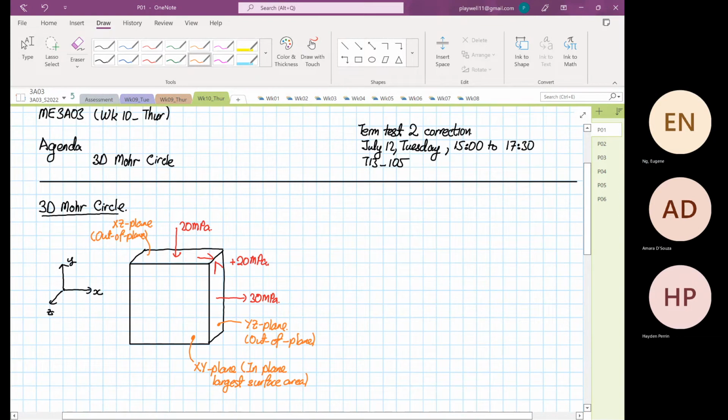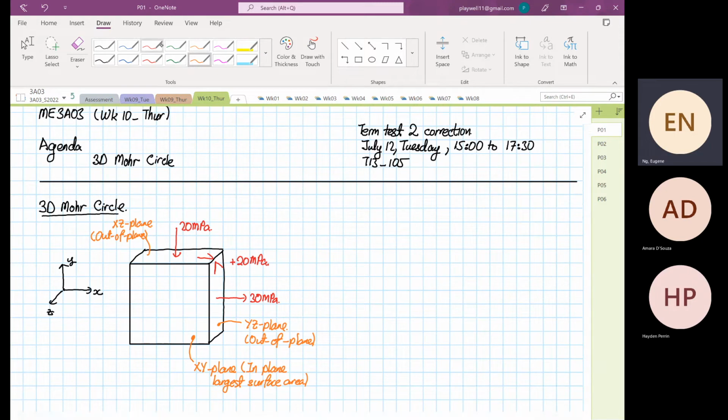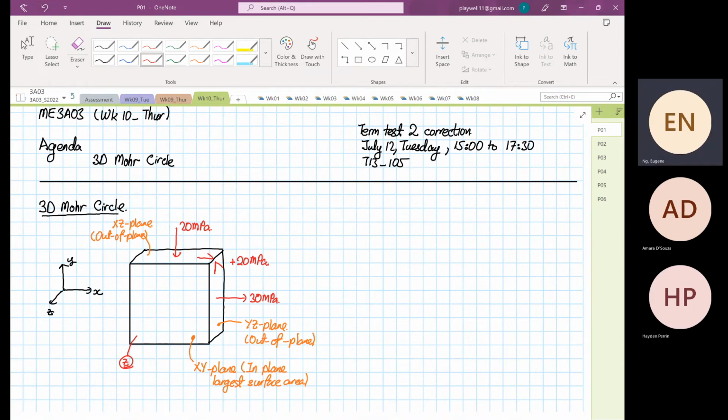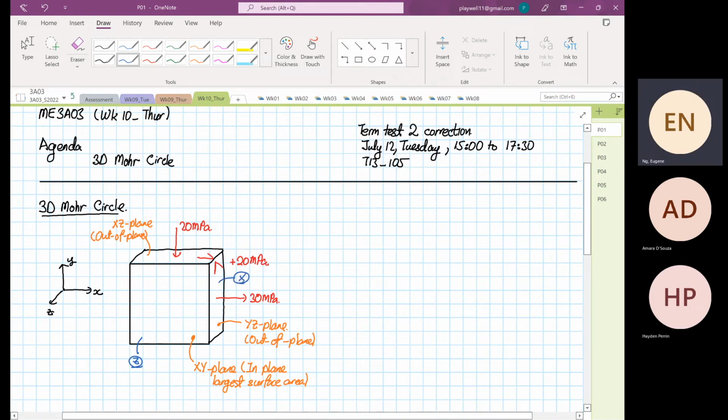Okay. So then we are going to label this. We call this our Z, our X. Oh, I should have used a different color, pardon me. So this is our Z. This surface is our X on the Mohr circle, and this is Y. So now from here we're going to construct the 3D Mohr circle.